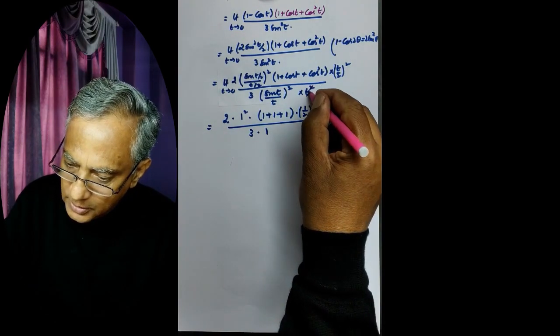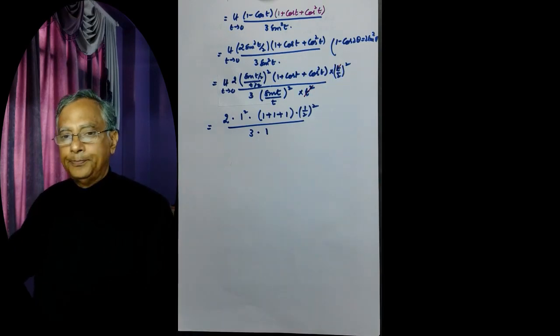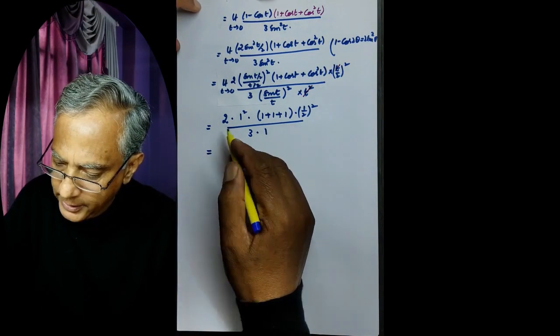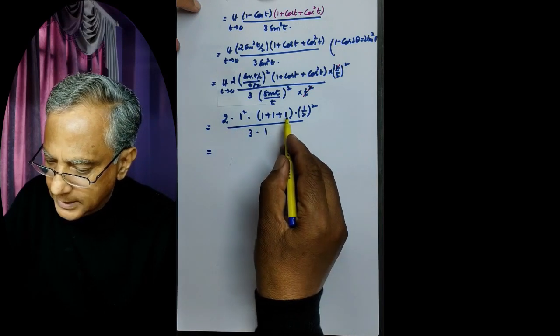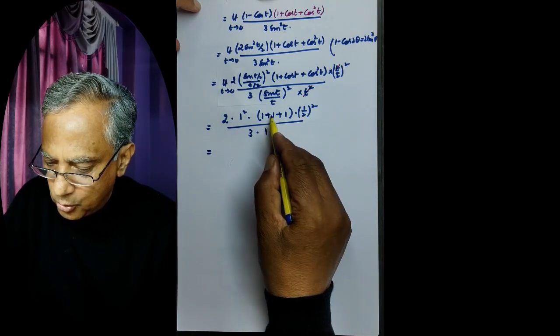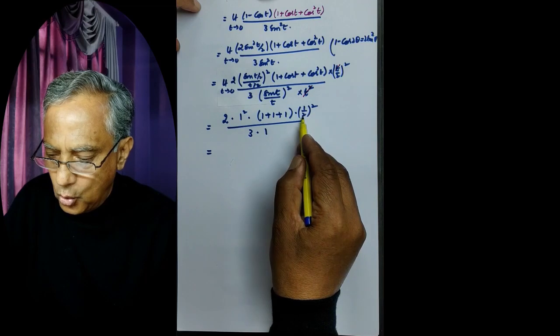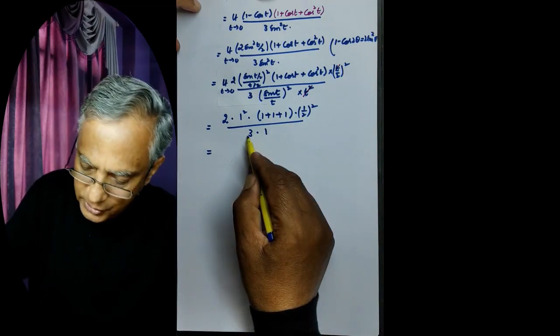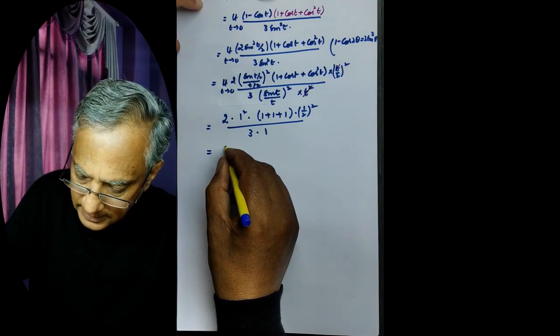This cancels with this, and on simplification we get 2 into 3, this is 4, so 3 2s are 6, 6 by 4, and this is 3, so 6 by 12, 6 by 12 is half.